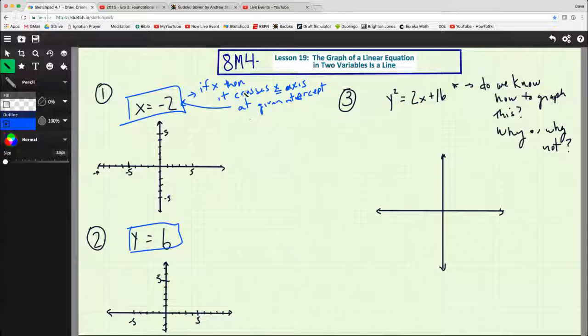Okay, so here's our x-axis. This is a -2, so I just go on my x-axis to -2. You know, -2 comma 0, and then I draw my line, and I draw it like this, right? It crosses.